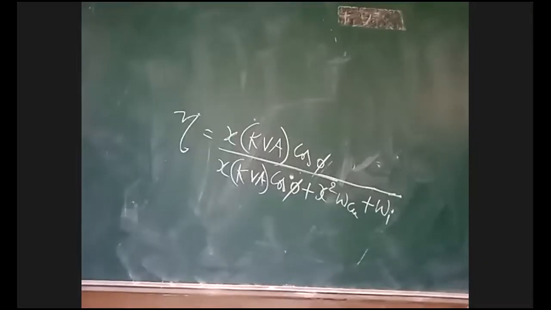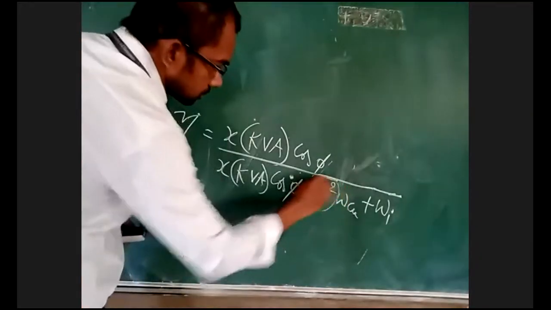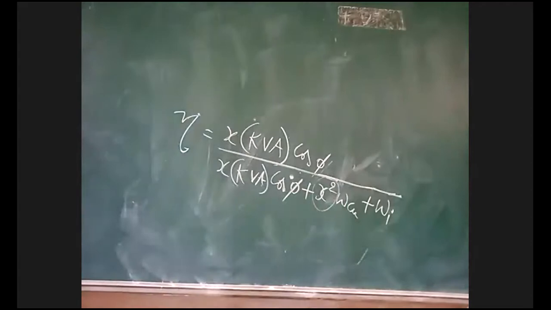Now listen, in your formula they have given it wrong. In front of copper loss, add X square. Whatever you have written in the efficiency formula, it is not only WCU, it is X square into WCU.